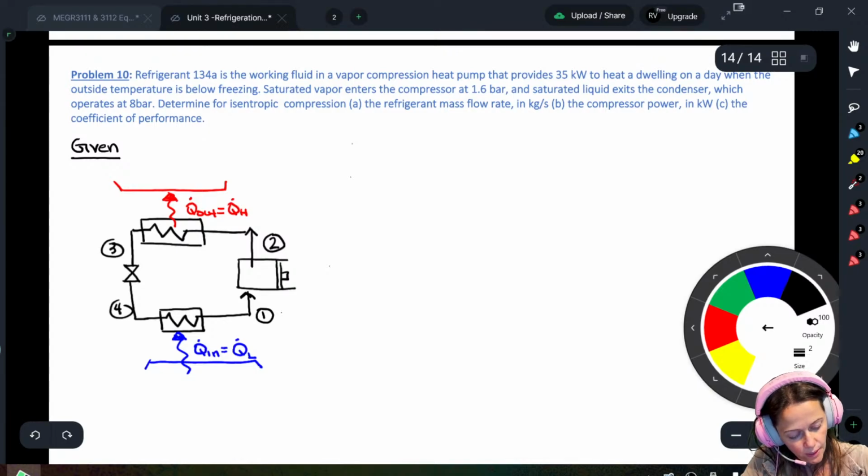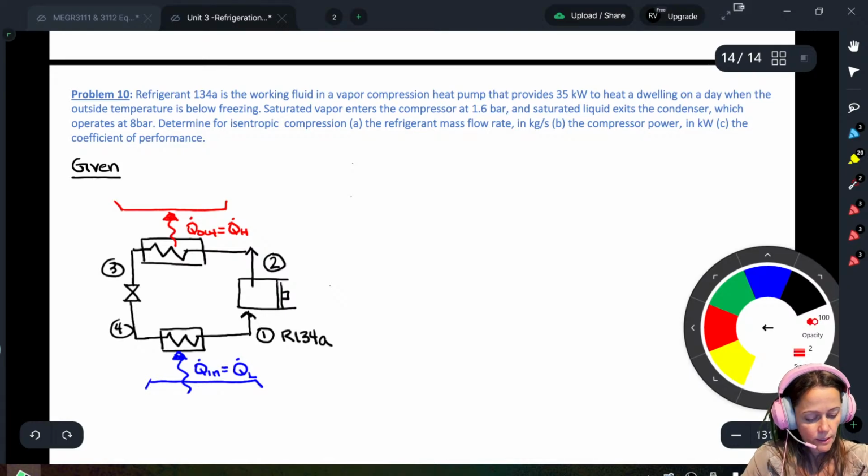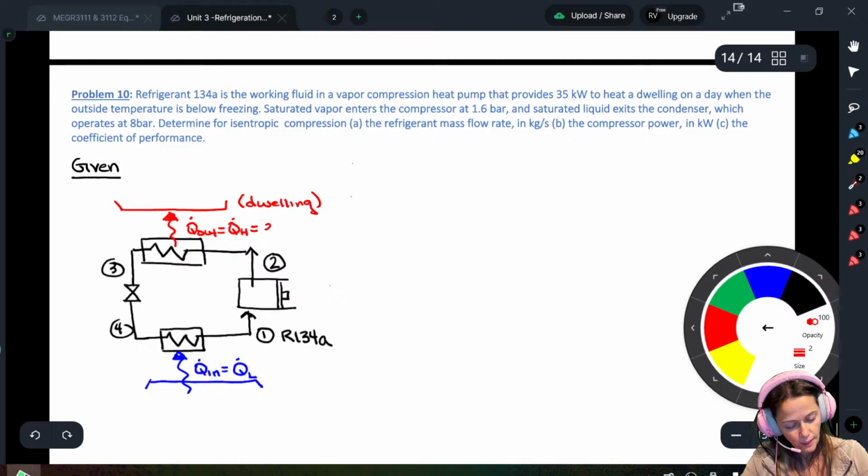All right, so let's go look at our problem statement. So we've got R134a. It provides 35 kilowatts of heat to a dwelling. So that's up here, that's our dwelling. And 35 kilowatts, that's a rate term, so it's Q dot.